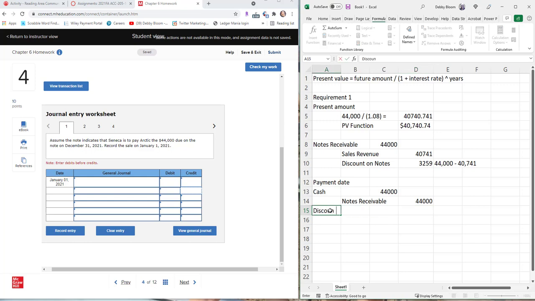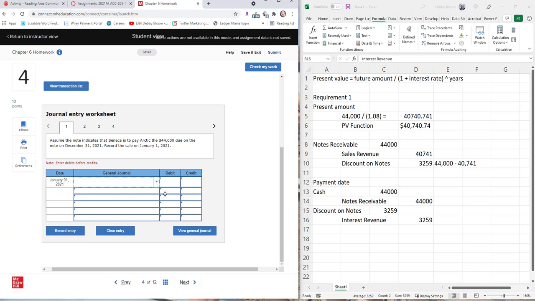So we're going to debit the discount on notes for the 3,259 and credit interest revenue for the 3,259. So basically what happens is we're due the whole 44,000, but we defer that part of the interest revenue until the next year when we earn it and we receive the money.